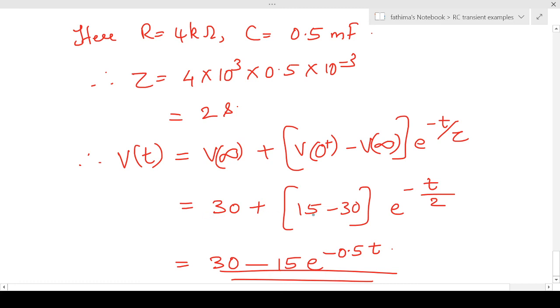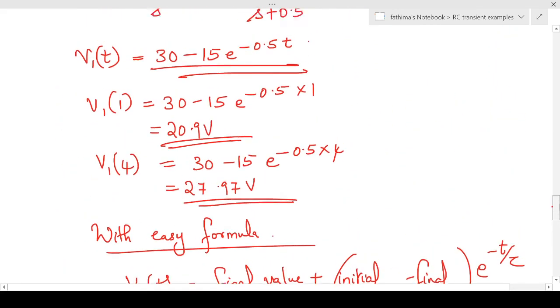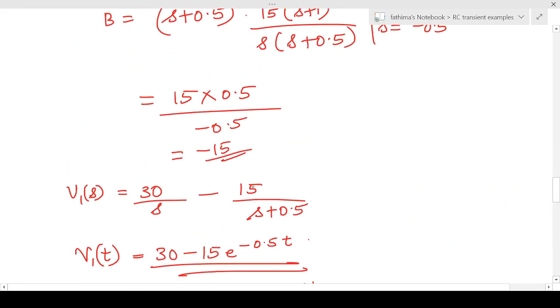So 30 plus 15 minus 30 into e raised to minus t by 2, where 2 is the time constant in seconds. On simplification, we'll get the voltage across the capacitor as 30 minus 15 into e raised to minus 0.5t. So this is the same as what we found by applying the Laplace transform, 30 minus 15 into e raised to minus 0.5t.